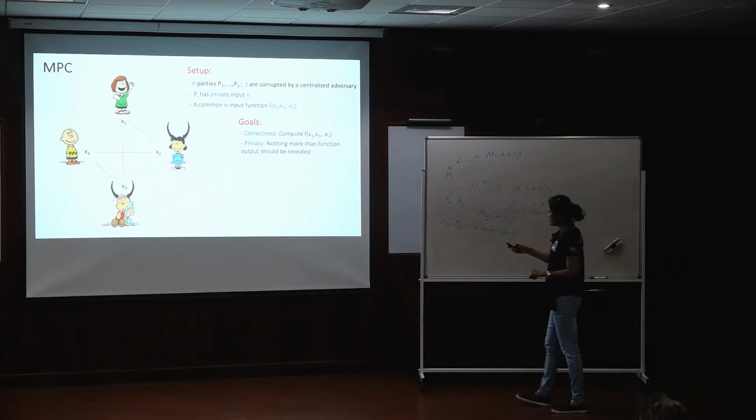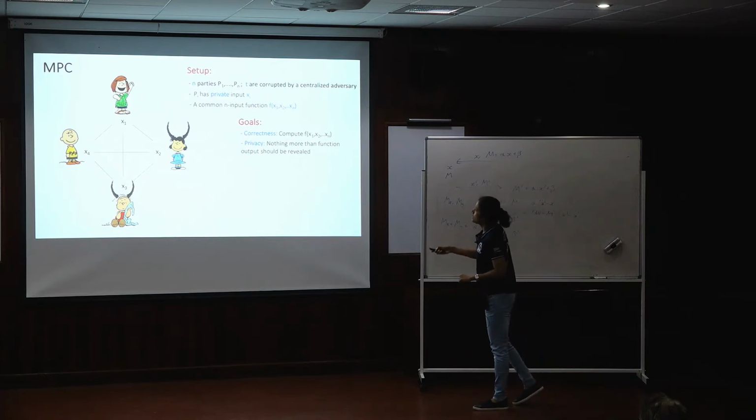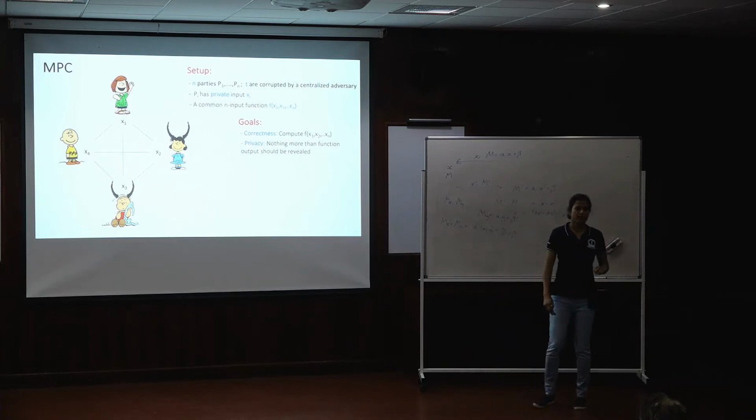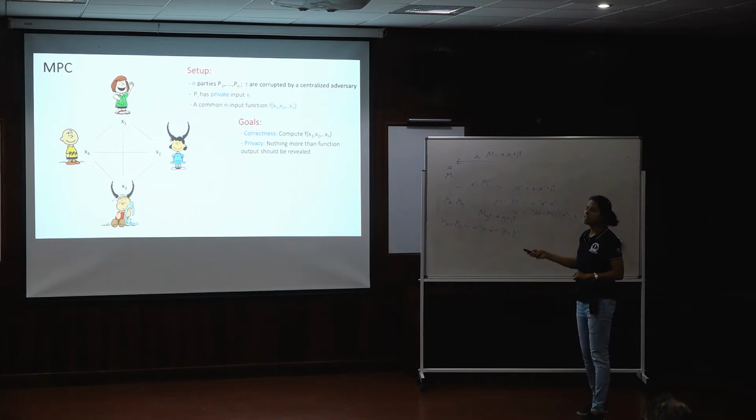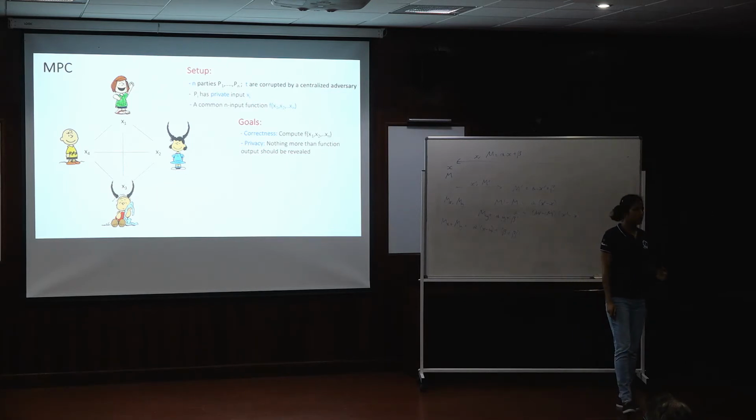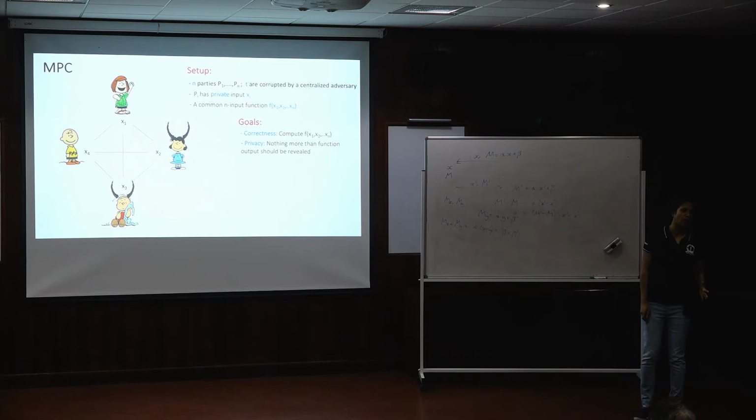In a little bit more detail, we consider n parties connected with each other over private and secure channels, and there is a centralized adversary corrupting t out of those n parties. The honest parties have absolutely no clue about the identities of the corrupt parties, and that's the challenge.